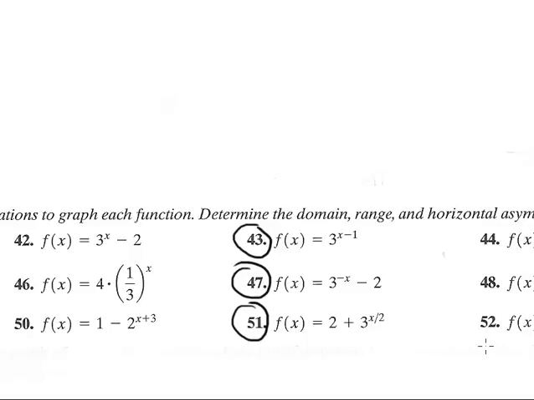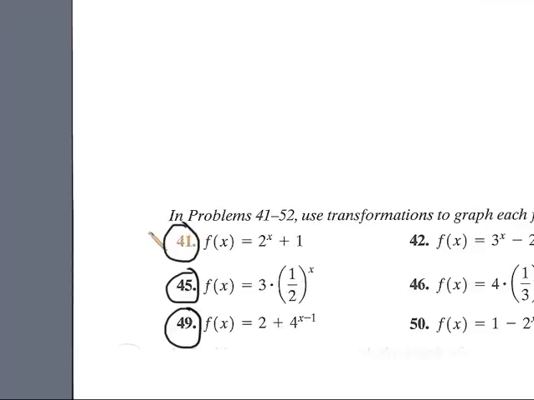Okay, now number 47 is 3 to the negative x minus 2. Let's do it in the graph. Graph f of x equals 3 to the negative x minus 2.